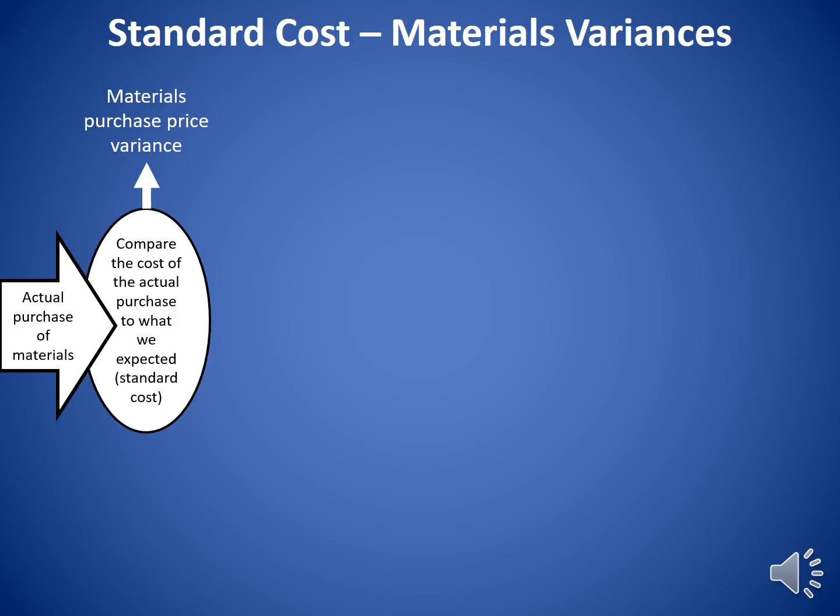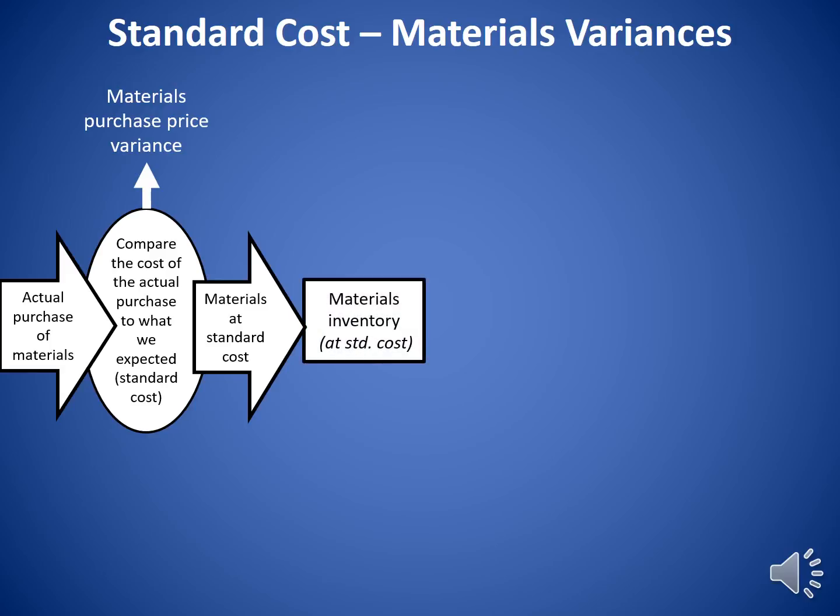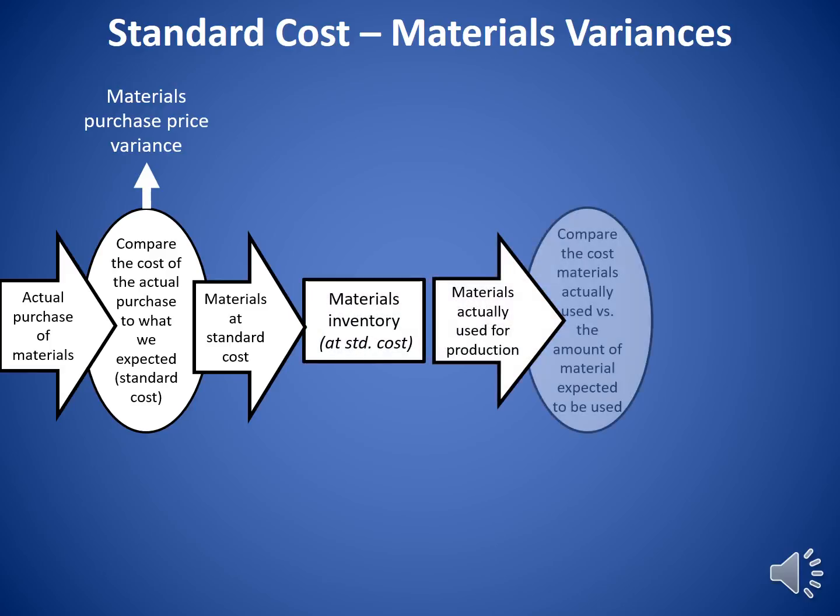Now at that point in time, we're going to remove that variance out of our actual purchases, and we're going to transfer our cost of materials not at its actual cost but at its standard cost into materials inventory.